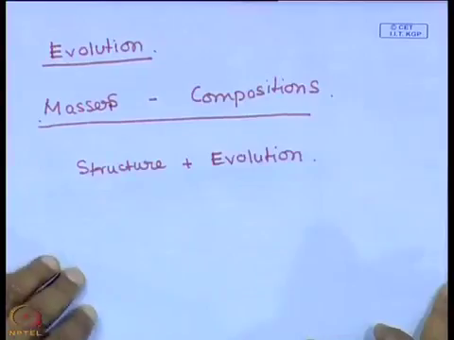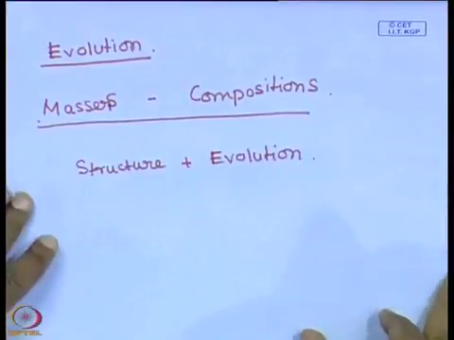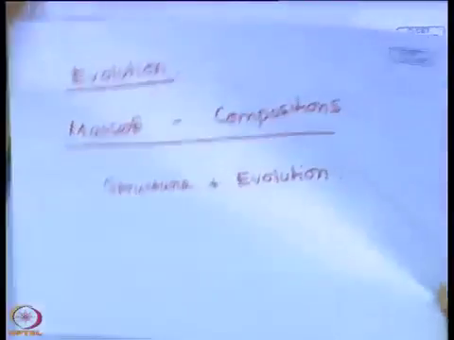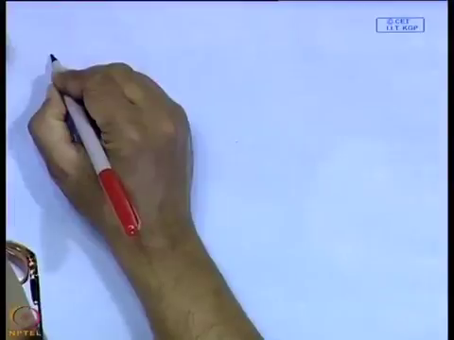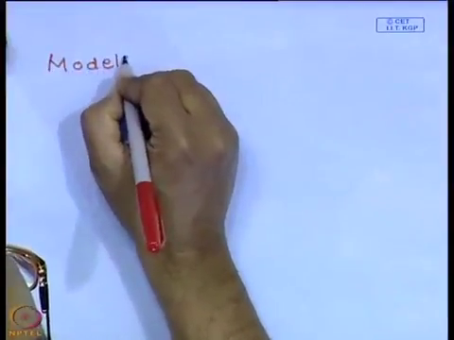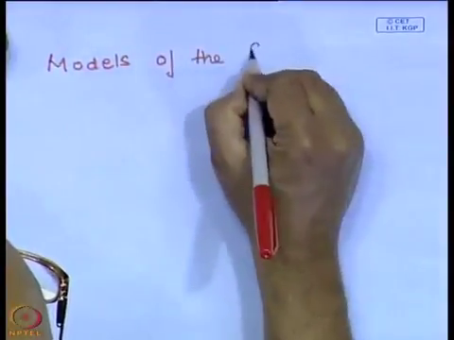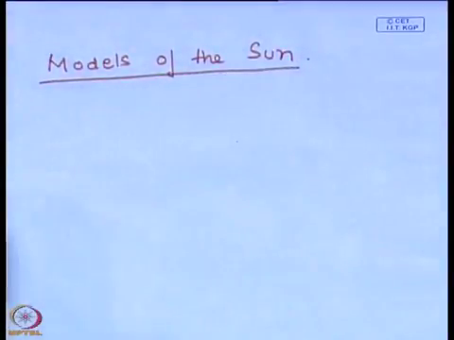So there are now currently existing solar models which have been obtained by this process. There exist models of the sun which have been built up like this.